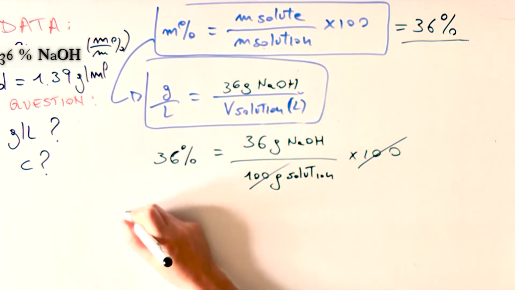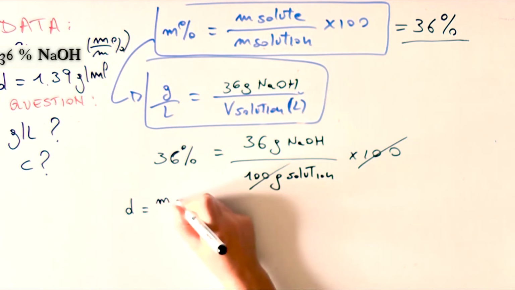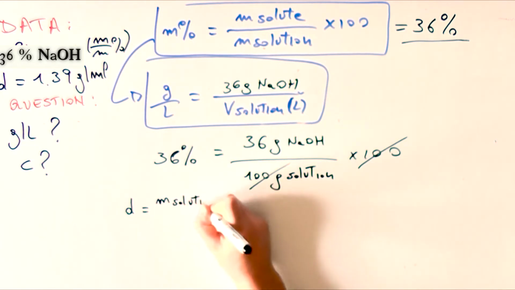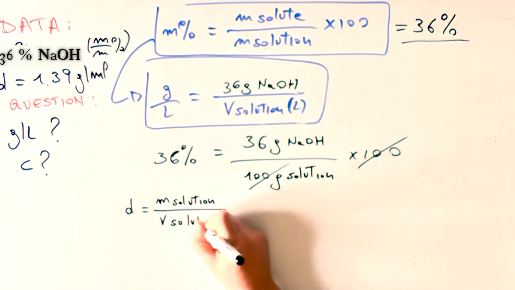volume. Let's remind us what is density. Density of something is related to something, okay? So density of pure ethanol means mass of pure ethanol divided by volume of pure ethanol, okay? But density of solution means mass of solution divided by volume of solution.